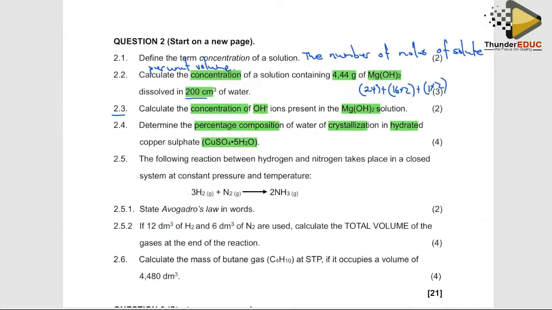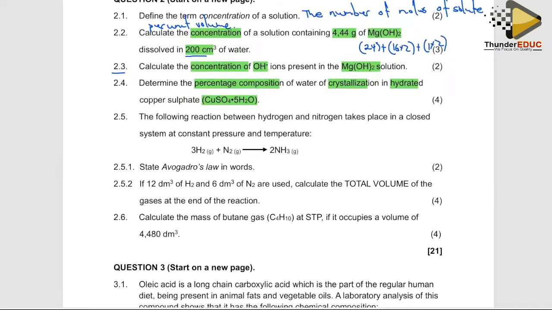Then I'll proceed to question 2.5. It reads: the following reaction between hydrogen and nitrogen takes place in a closed system at constant pressure and temperature. We're asked to state Avogadro's law in words.